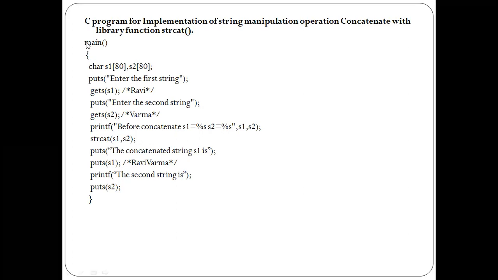Okay, I'm writing the main function. The compiler starts the program with the main function. I'm taking char, a primitive data type, s1 as string 1 and s2 as string 2.